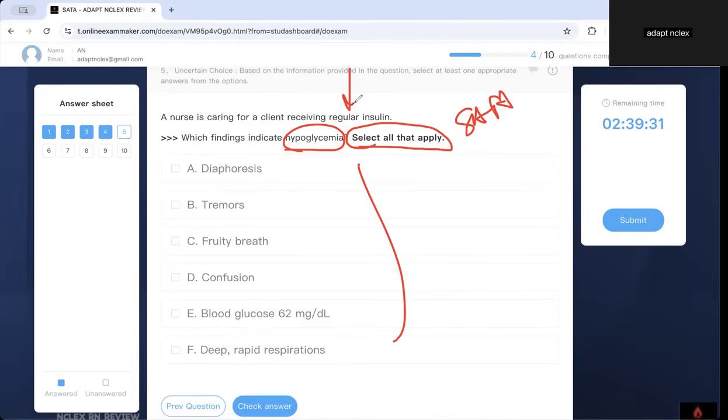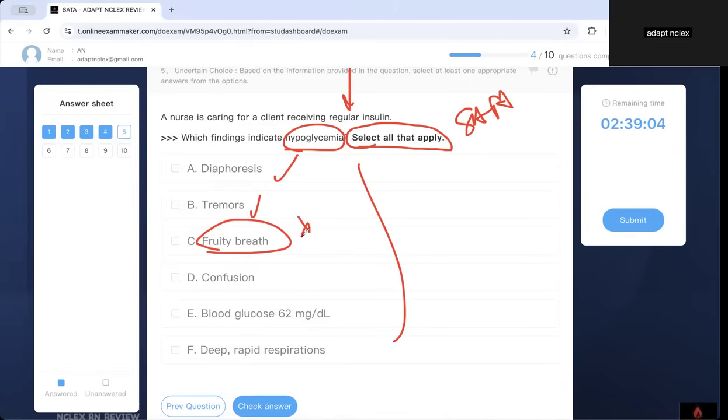And I will say, looking at every question, I have to be upper, right? You're sweaty, you're hyper, you're thermal. Fruity? Think about it. Don't fall for it. We say hypoglycemia. Who gets fruity breath? It's somebody whose sugar is high and it went to decay.